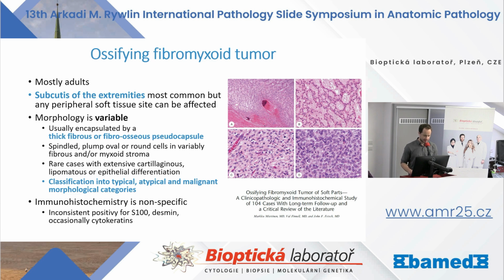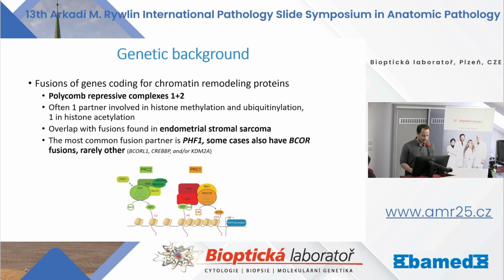And immunohistochemistry can be helpful, but is unreliable. Roughly half of cases are positive for S100 protein, at least focally, and the same applies for desmin. Less commonly, you can encounter expression of cytokeratins in some 10% of cases. The genetic background is very diverse, but most commonly you see fusions of the gene PHF1, with a smaller subset of cases having BCOR fusions, or rarely others, such as BCORL1, as seen in our case.